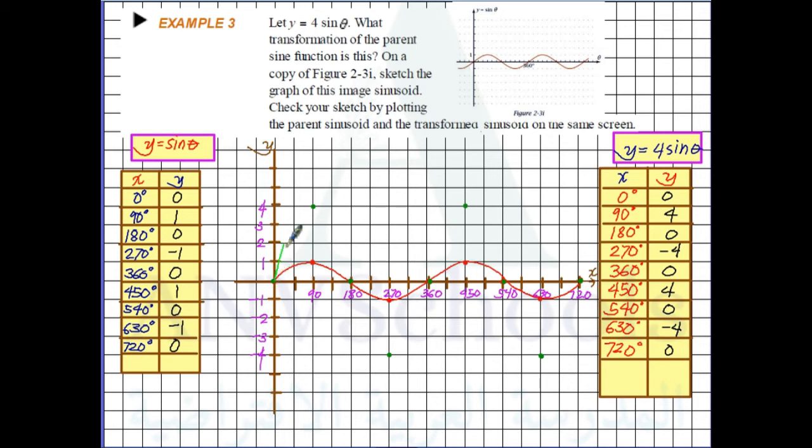So look at that. Now I'm going to connect all of the points. So connecting all of the points, I'll start here so I would see the points clearly.